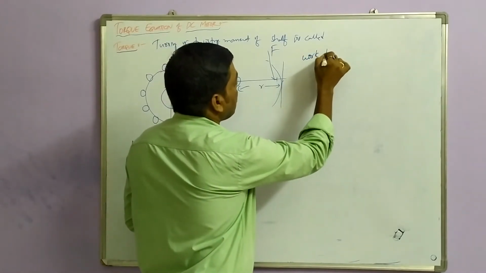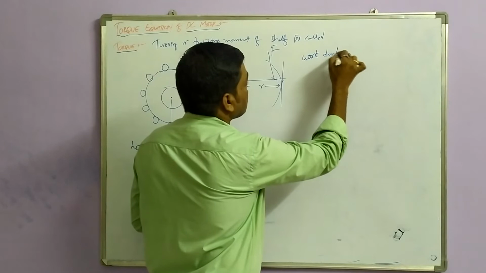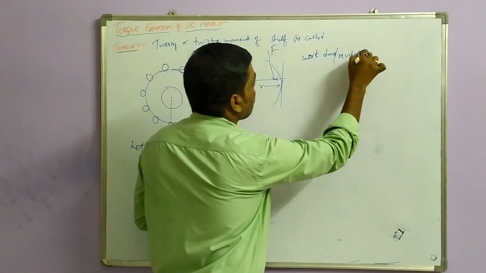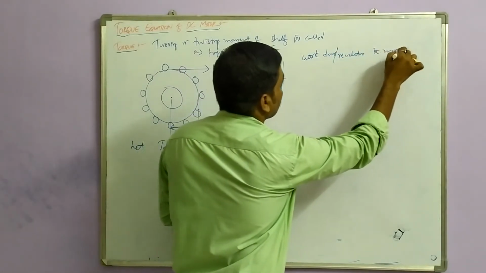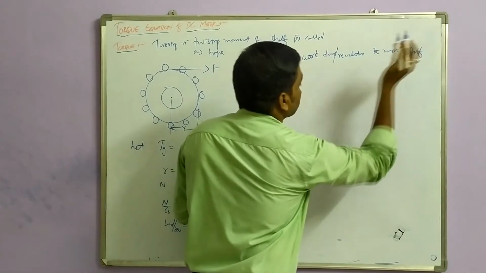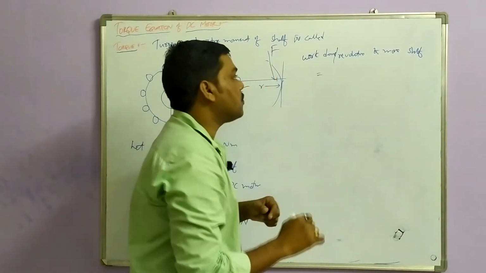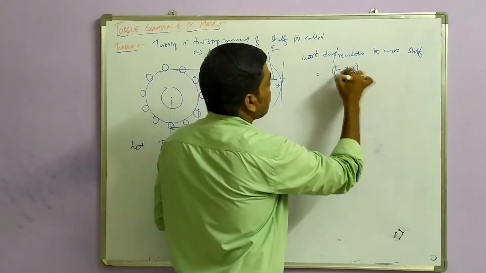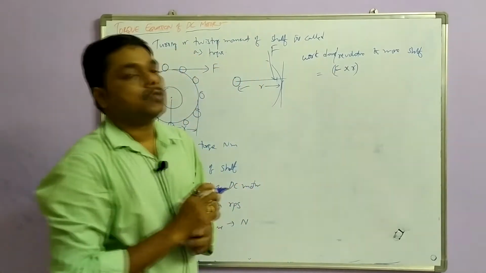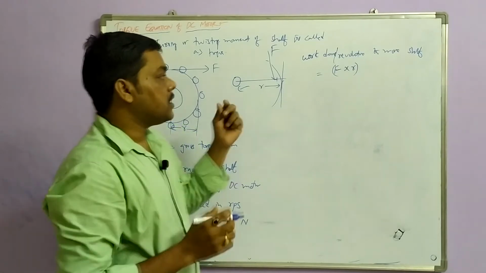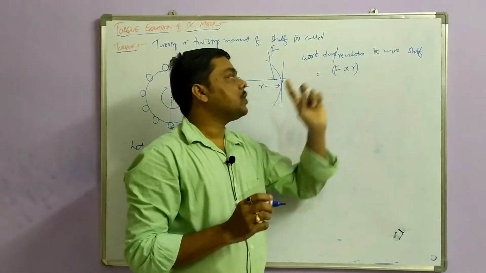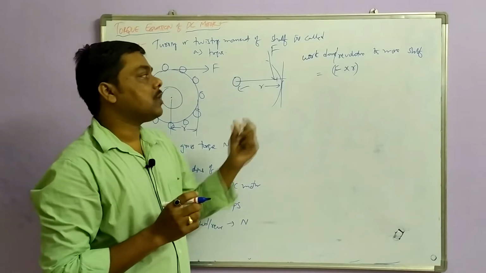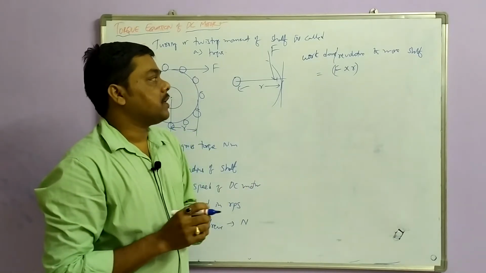Work done per revolution to move the shaft is equal to force into radius, which is your torque parameter.